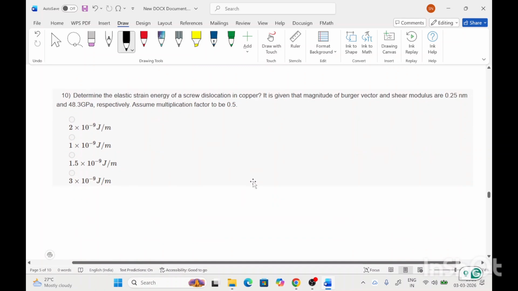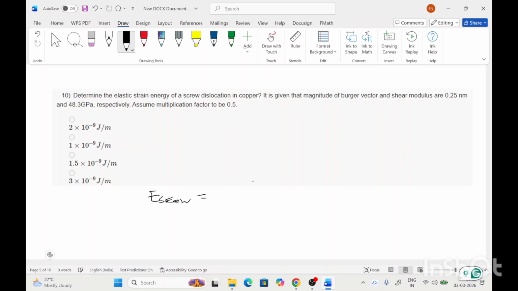So, next question we have asked: determine the elastic strain energy of a screw dislocation in copper. It is given that magnitude of Burgers vector and shear modulus are 0.25 nanometer and 48.3 GPa respectively, and the multiplication factor is 0.5. So we know that the energy for screw dislocation is written as alpha G b squared.